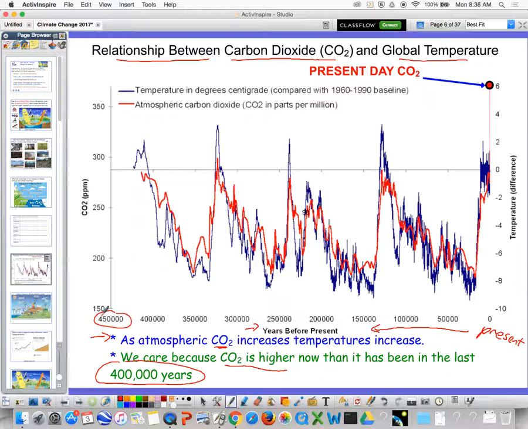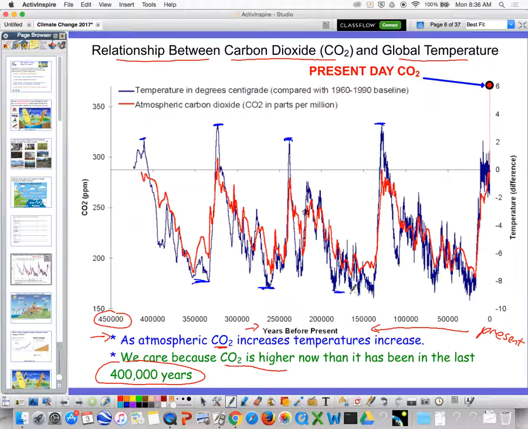The blue line that you can see rising and falling is the average temperature of the Earth. What you hopefully can see is that over long periods of time, you have these warmer periods, and then towards the bottom of the graph, you have these colder periods.